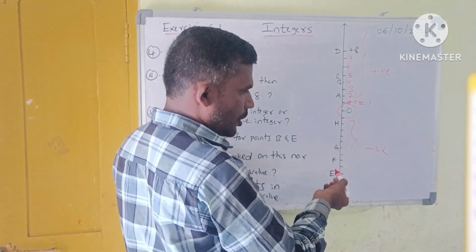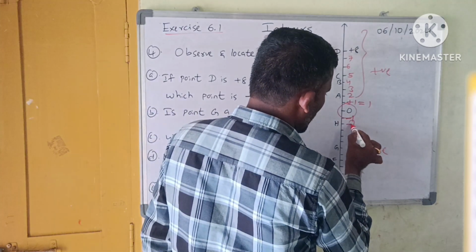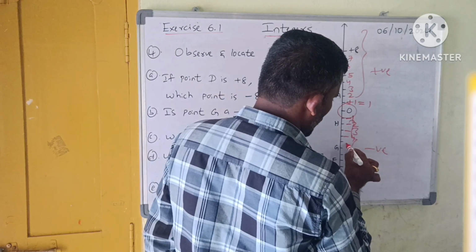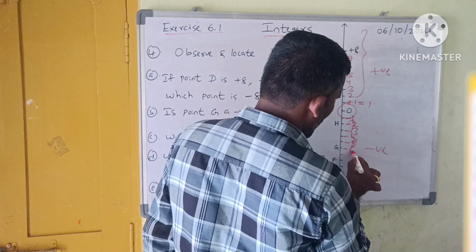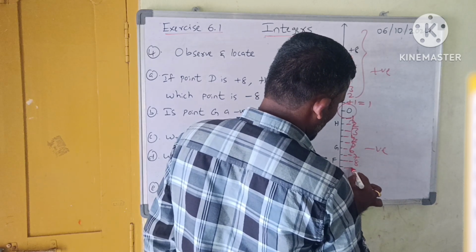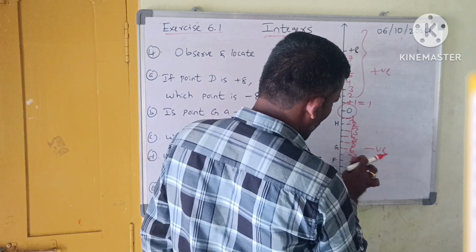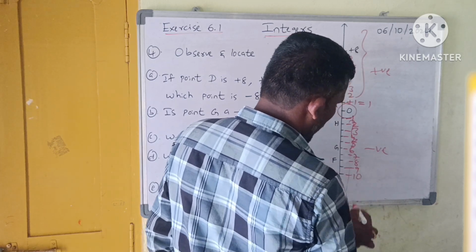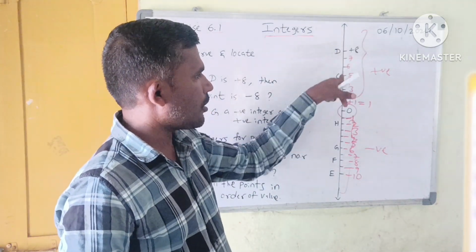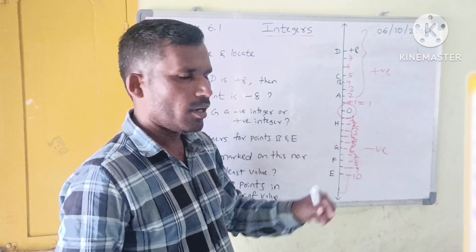Below the 0 we take the negative integers: minus 1, minus 2, minus 3, minus 4, minus 5, minus 6, minus 7, minus 8, minus 9 and minus 10. Okay, above the 0, above the origin positive, below the 0, below the origin negative.